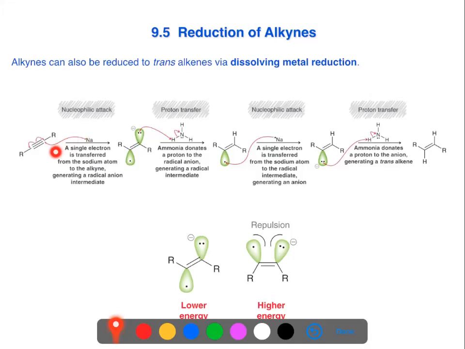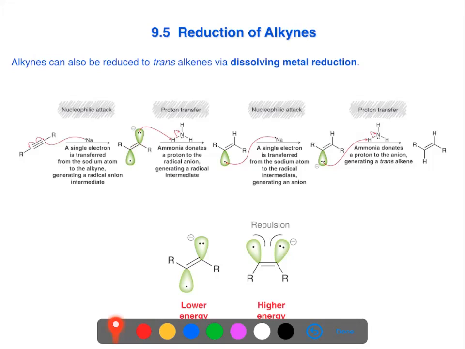A single electron is combining, if you will, with a single electron from one of the pi bonds of the alkyne to give you an anion. The other electron of that same pi bond ends up on the opposite carbon, and because it's not paired up with anything, it is a radical. So we refer to this species as a radical anion.